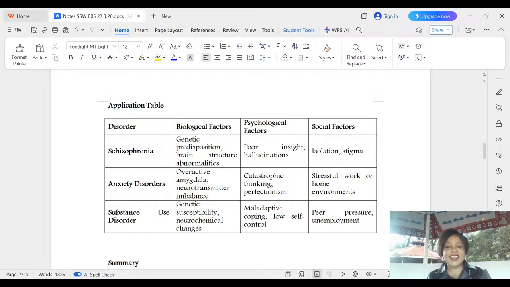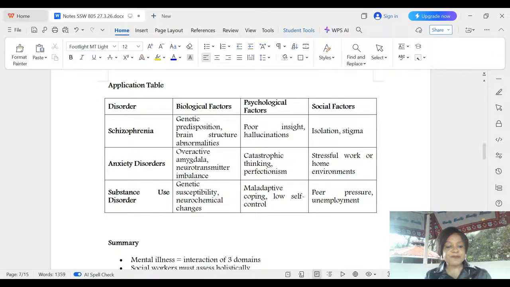For example, being isolated, so not having a lot of contact with, let's say, family or people who can stimulate them, stigma from society. So we'll then be able to explain the cause of the illness from each and every one of those three factors.